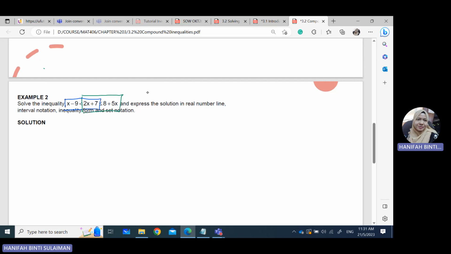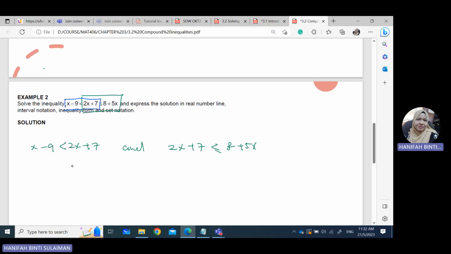Okay, so for this one, we can say that 2x plus 7 greater than x minus 9. And this function n, 2x plus 7 is less than or equal to 8 plus 5x.